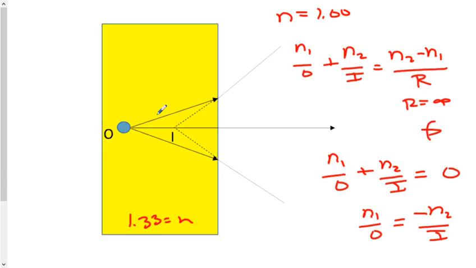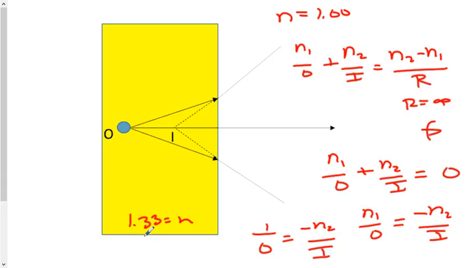So if we know an object distance here, we can quickly find our image distance, based on the index of refraction of air being 1. So for our specific example here, we would just have 1 divided by O is equal to minus n2 divided by I, and n2 being 1.33 here.